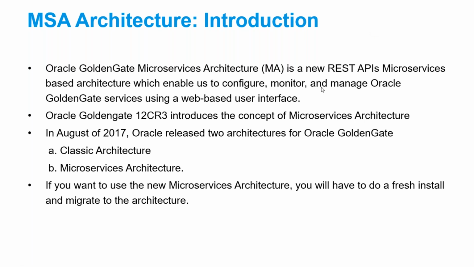It's a new REST API microservices based architecture which enables us to configure, monitor and manage Oracle GoldenGate services using a web-based user interface. In August of 2017, Oracle released two architectures. One is Classic and the second is microservices. So the existing GGSCI was renamed to Classic and the new architecture is called microservices architecture.